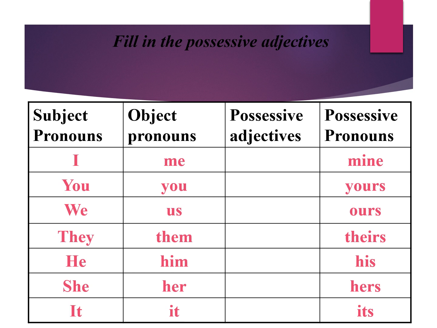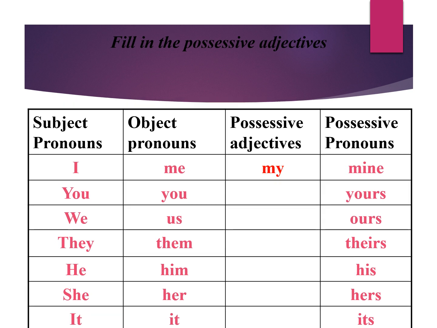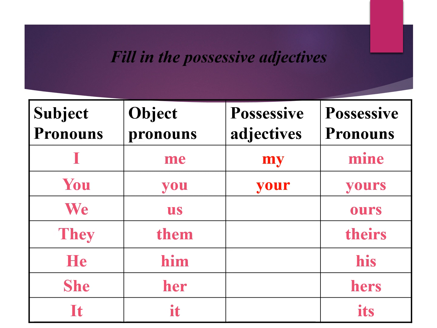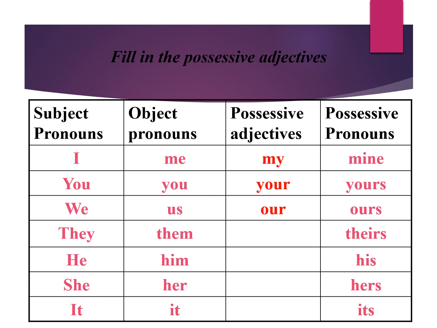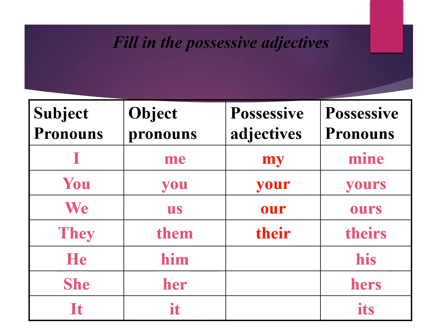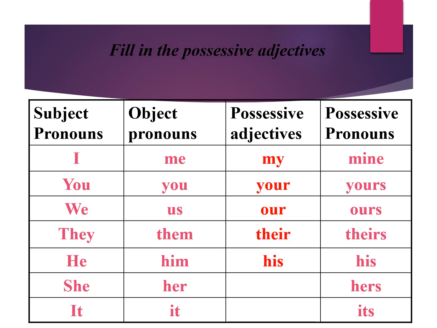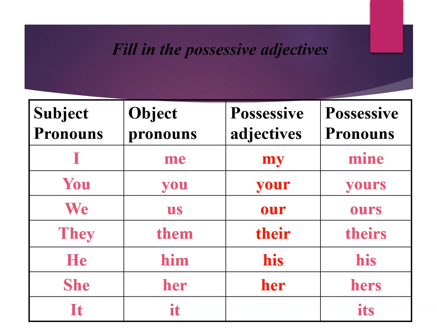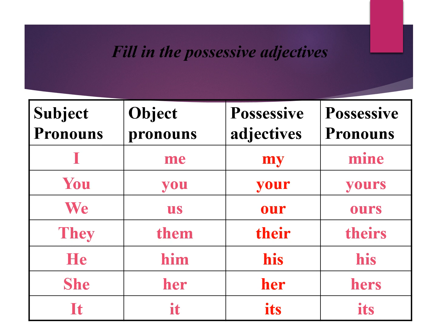Now, the possessive adjective form for I is my. For you is your. For we is our. For they is their. For he is his. For she is her. And for it is its.